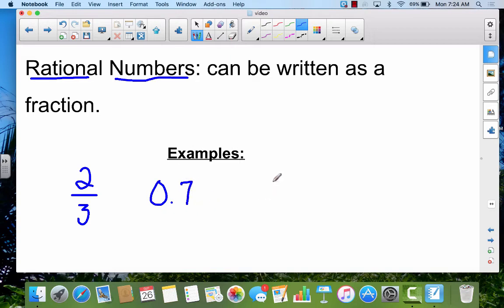It also includes repeating decimals that have a pattern to them that I can use a repetition bar with. So 0.3 repeating would be a rational number. Any whole number, maybe 256, would be rational, because I know I could take a whole number and put it over 1 in order to make it into a fraction. So these are all my rational numbers.